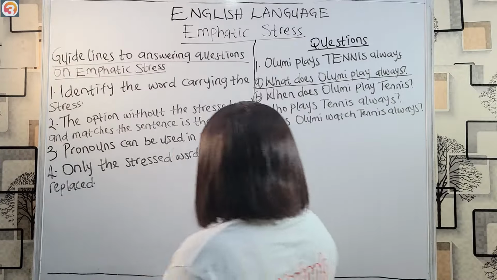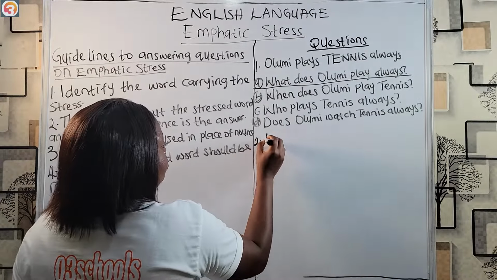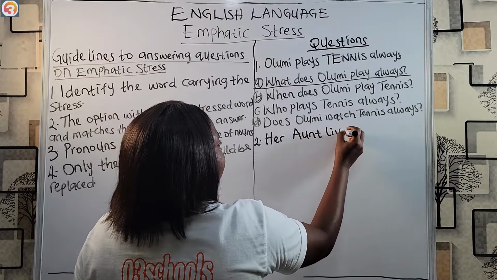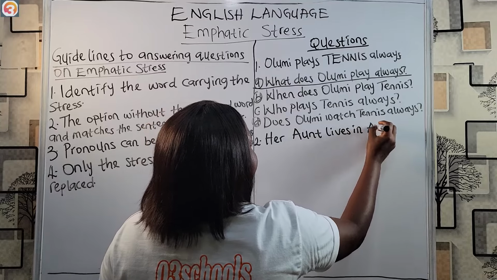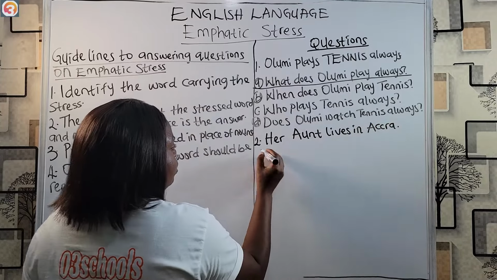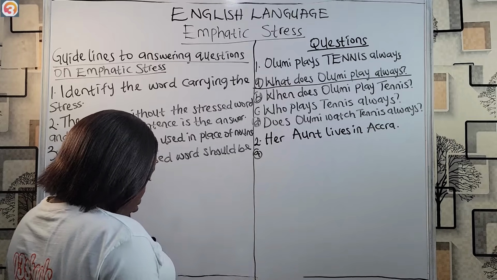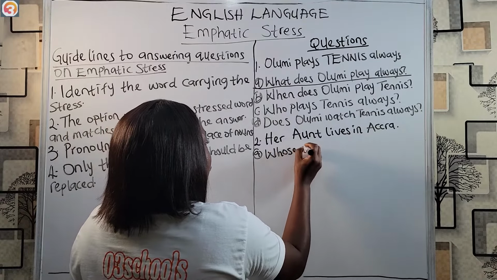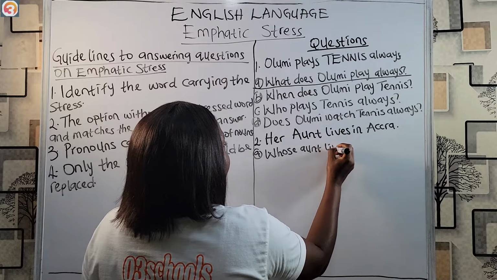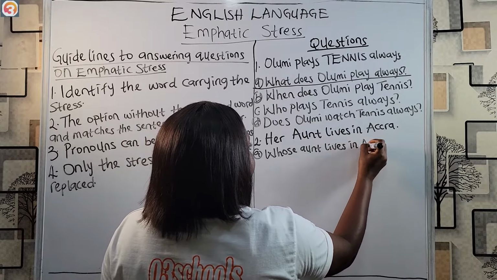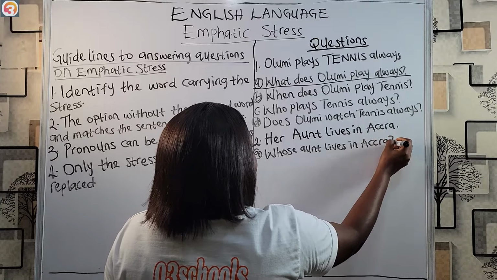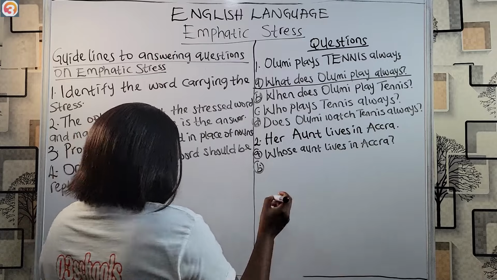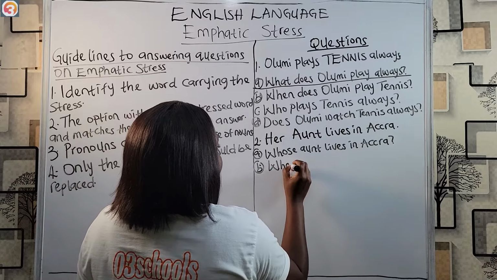Another example we have: her aunt lives in Accra. Now our options. A. Whose aunt lives in Accra? B. Where does her aunt live?